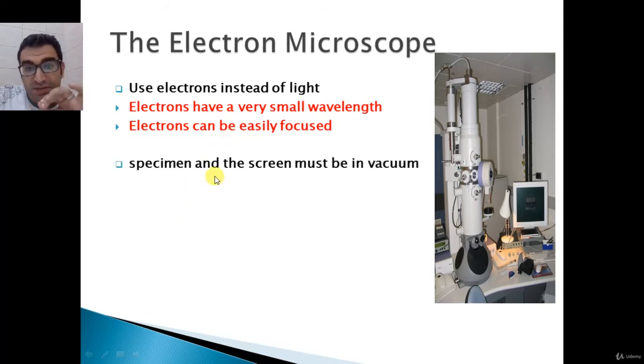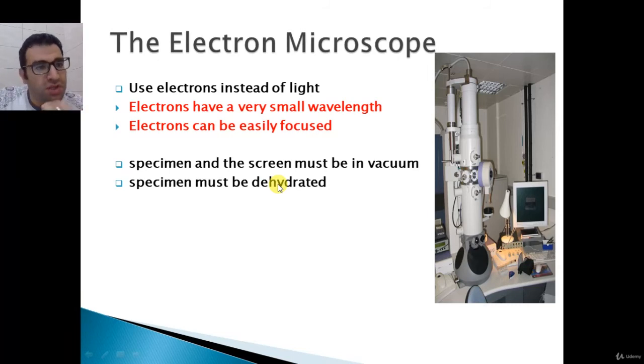However, the specimen and the screen must be in vacuum. What is the reason? Vacuum means no air. If there was air, the air particles could distract the electrons. One more thing is that the specimen must be dehydrated. Dehydrated means without any water contamination.